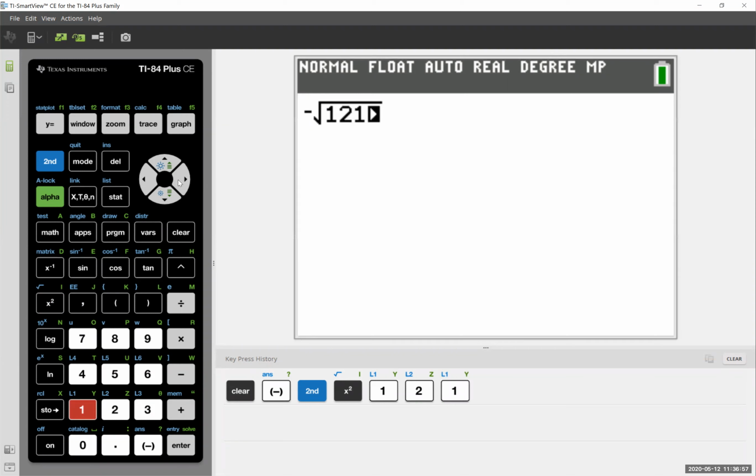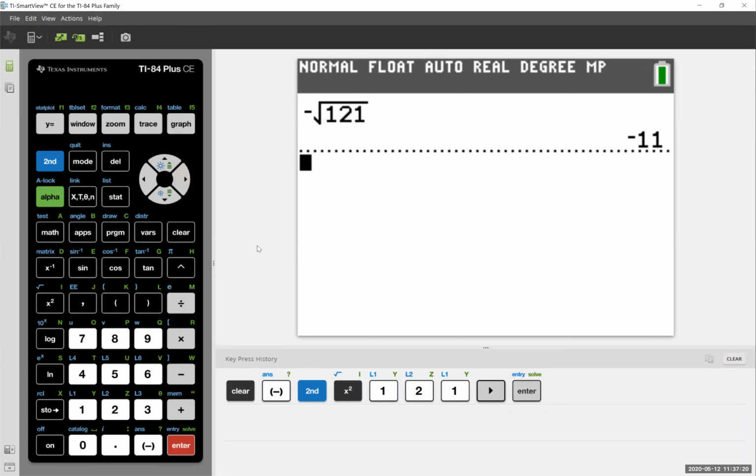If you have a display similar to this, I'm going to hit right on this directional pad to get outside of that. If you have a graphing calculator that puts a parenthesis in front of the 121, then close the parenthesis right down here. This is just different types of calculators that you have. So if you have parentheses showing up, close the parentheses and then hit enter. And we get negative 11.